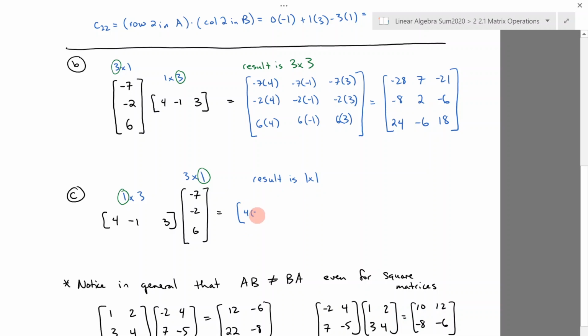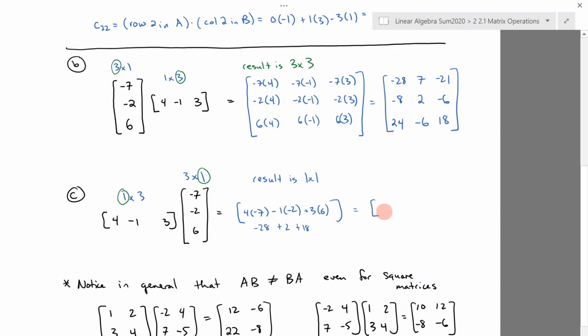So 4 times -7 minus 1 times -2 plus 3 times 6. So what is this? This is -28 plus 2 plus 18.